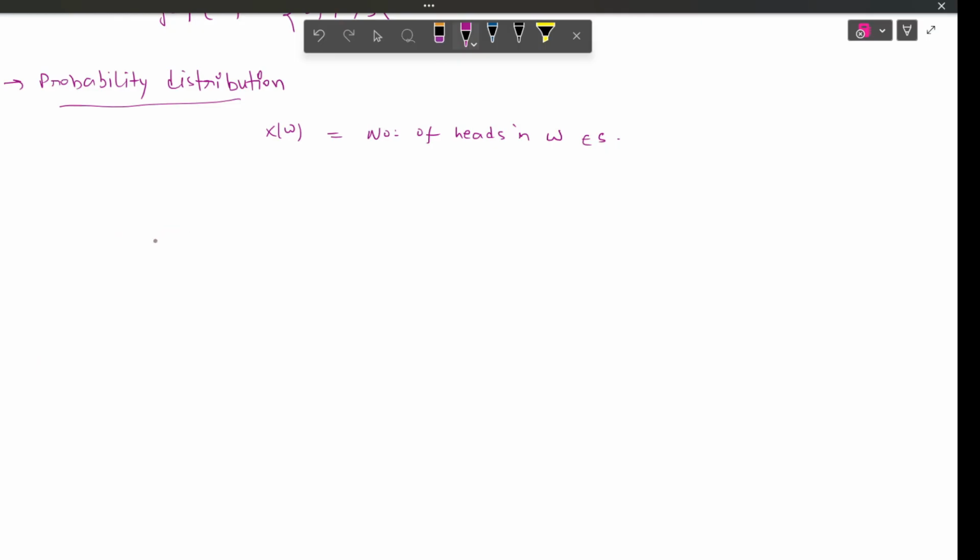So we can say that X assumes values 0, 1, 2, 3.